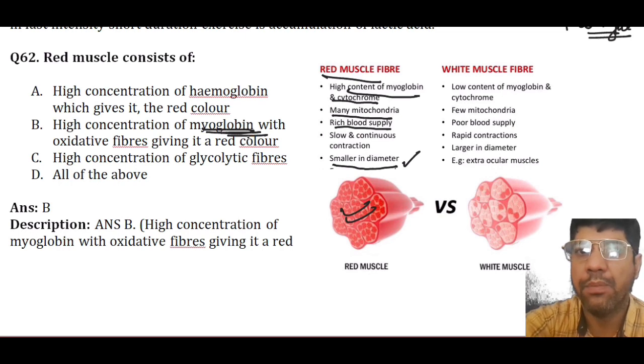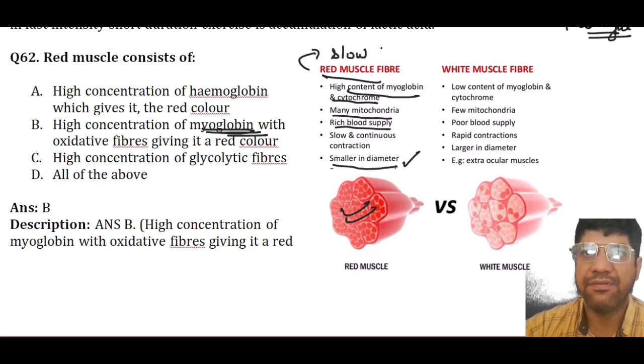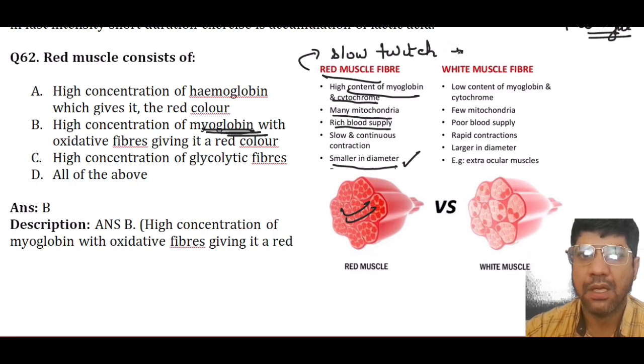We know myoglobin is a protein that stores oxygen in the muscle cells, and red muscles are also known as slow twitch muscle. Red muscle fibers are also known as slow twitch fibers. They contain more myoglobin to support prolonged contractions.